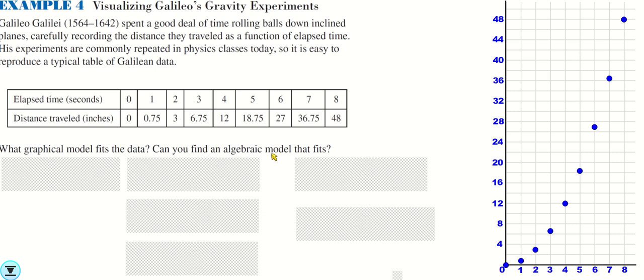Can you find an algebraic model that fits? Well, anything from the past in Algebra 2 is going to seem like fair game, especially starting now. So you're looking at this graph. What kind of equation, what type of algebraic model?